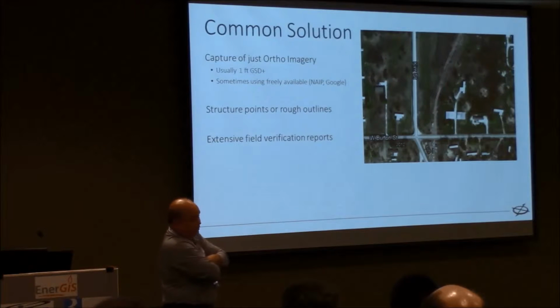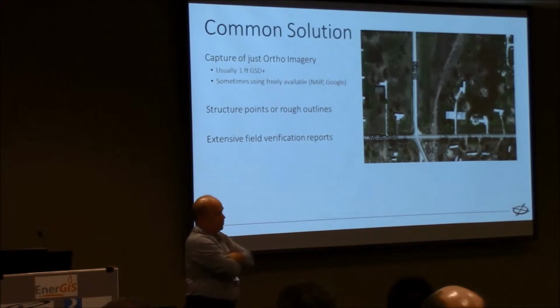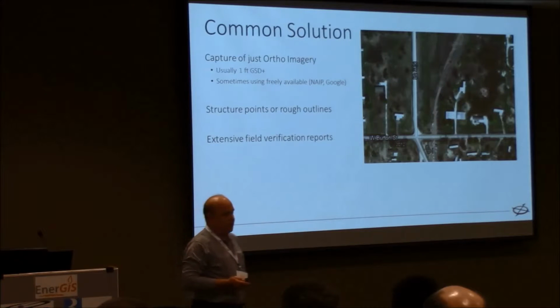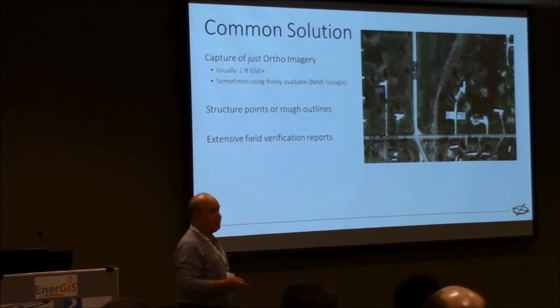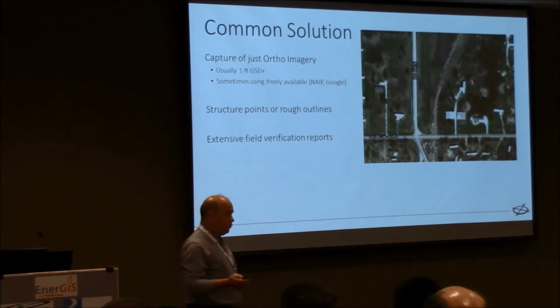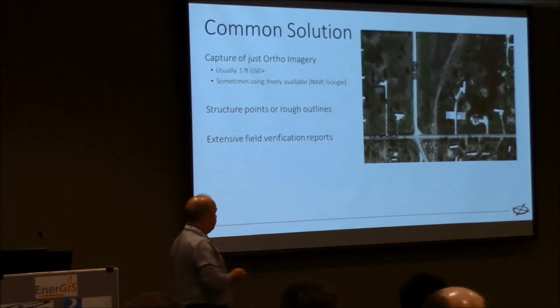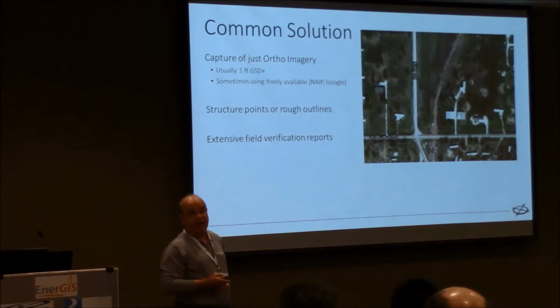It's usually a meter resolution, maybe worse, oftentimes not that good. And as you can see from the image above, it might be good enough, but it certainly doesn't give you a great deal of clarification. Generally, these clients then tag their structures by either points or, in some cases, very rough building outlines.